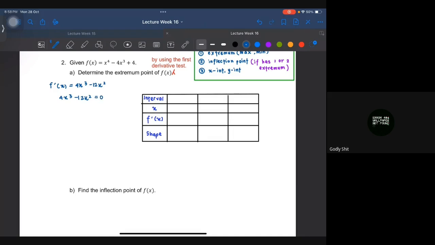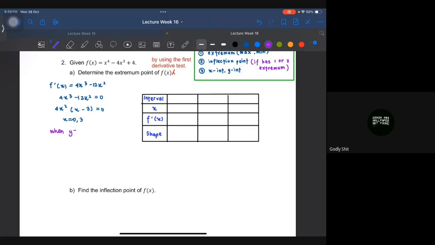Try not to use your calculator for this one. We factorize what you see is common. We see that we have a common factor of 4 as well as x squared there. What's left is just x minus 3 equal to 0. So you will get x equal to 0 and 3. Done.